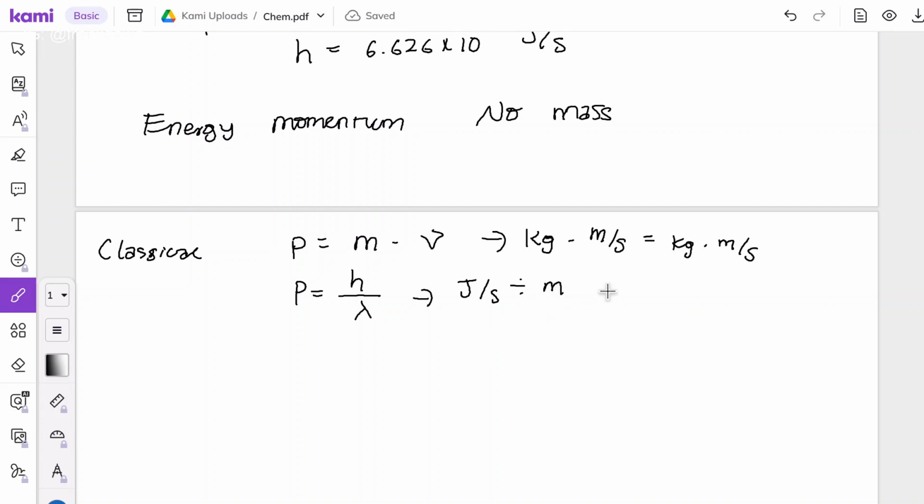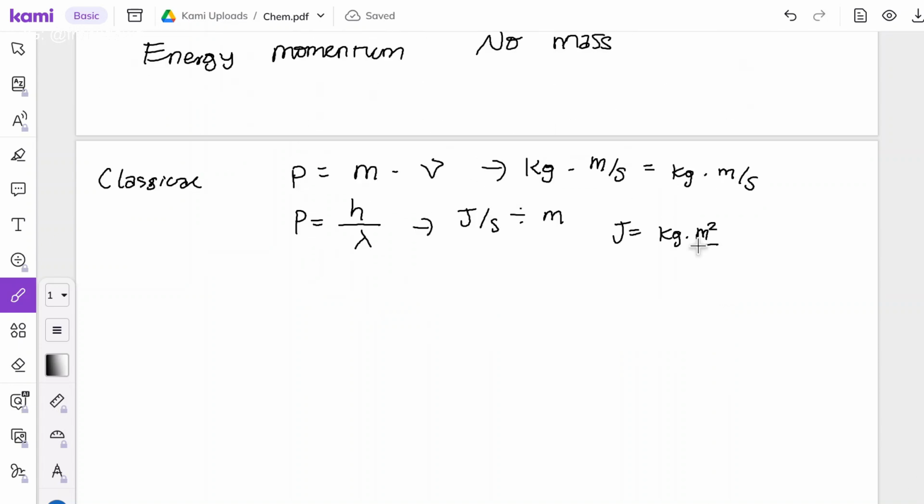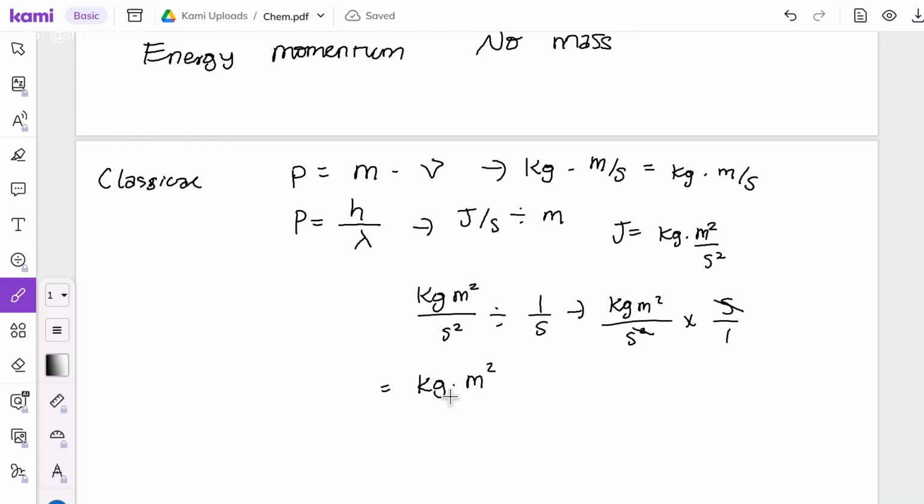When expanded, joules give us kilograms times meters squared per second squared. Multiplying by seconds and dividing by meters, one of the squares cancels out, and this cancels out, and it becomes kilograms times meters squared per second divided by meters.